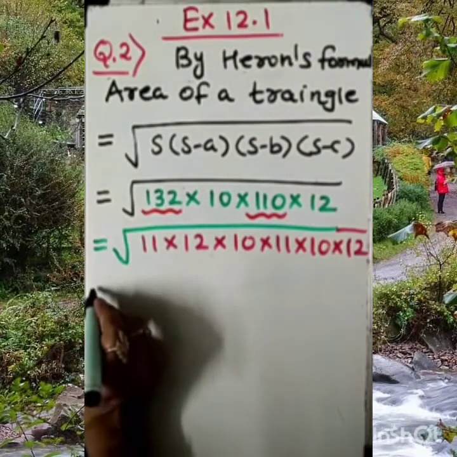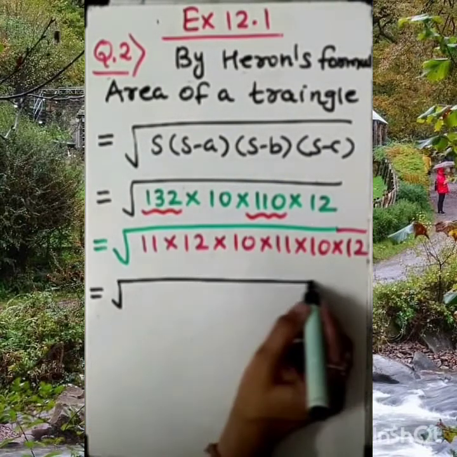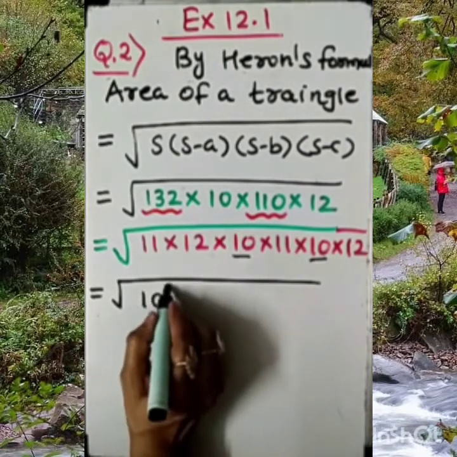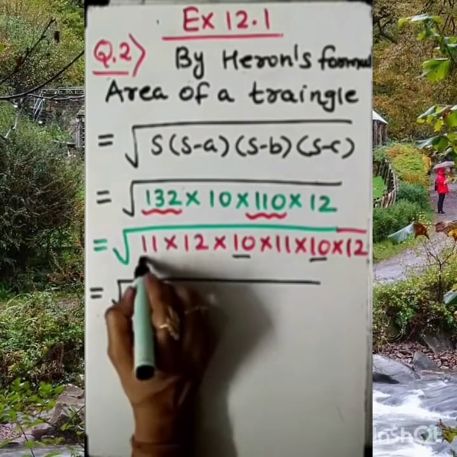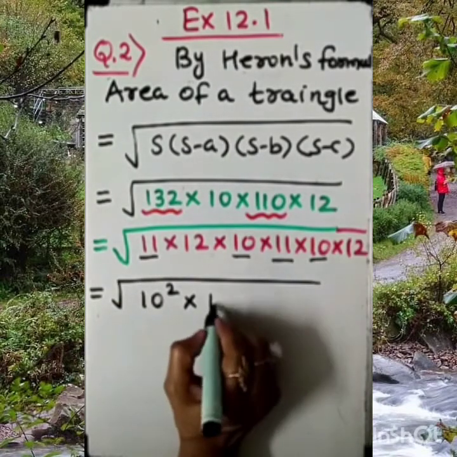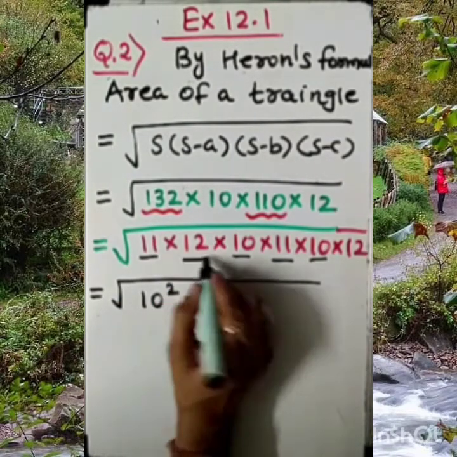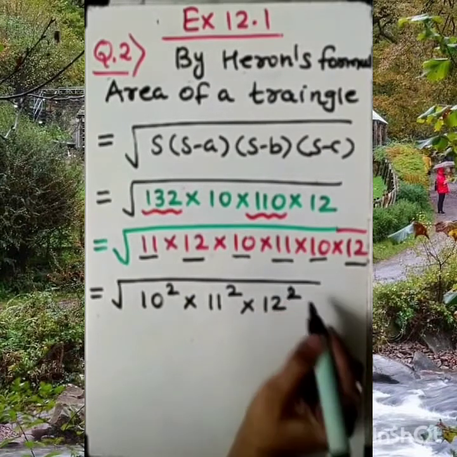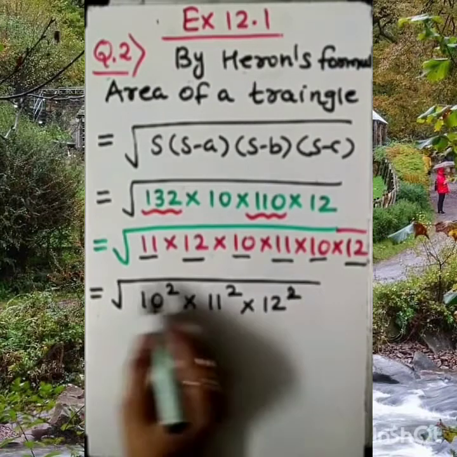Now, which of them are perfect squares? 10, 10 two times, so 10 square. 11, 11 two times, so 11 square. 12, 12 two times, so 12 square. All of these are squares under the square root.